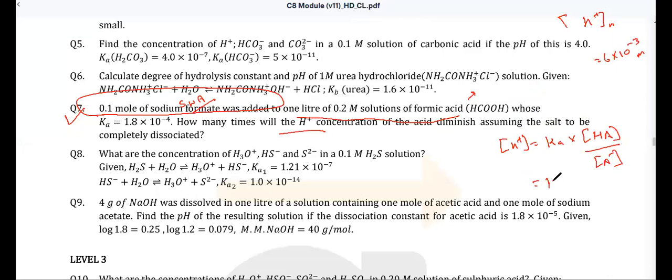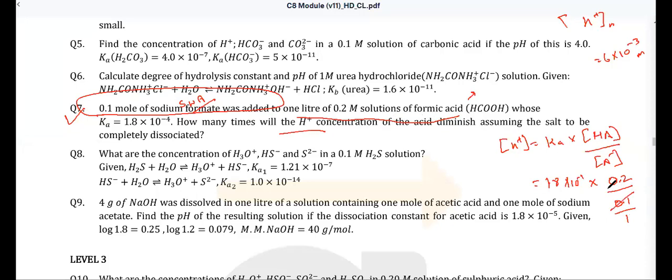Ka is already given, 1.8 into 10 to the power minus 4, into HA, the concentration of acid, which is given as 0.2. Why am I not using the pH formula? Because I have to find the H plus concentration only. Why take log and then convert back? Concentration of A minus is 0.1 divided by 1, so 0.1. Got it, everyone?